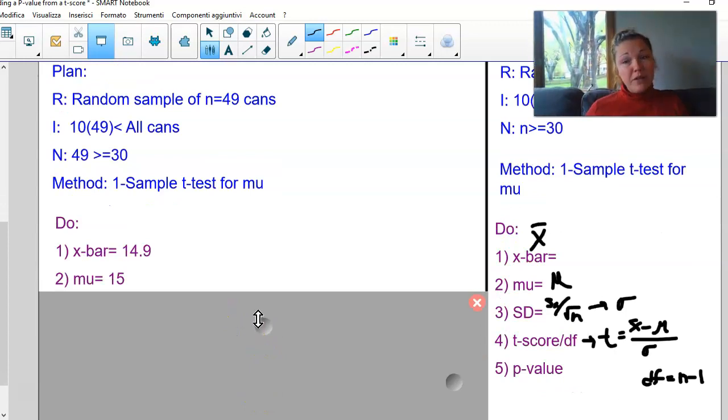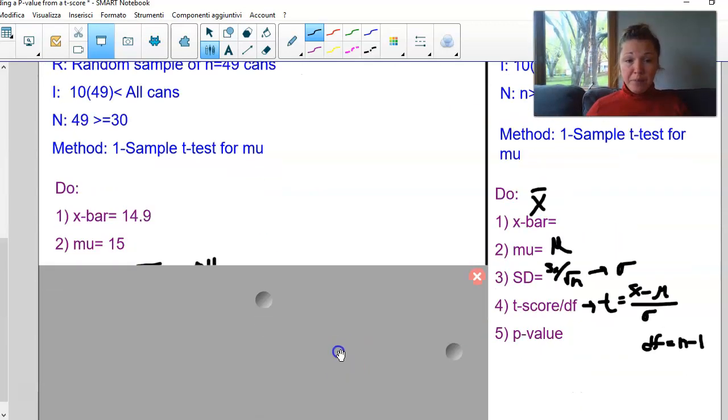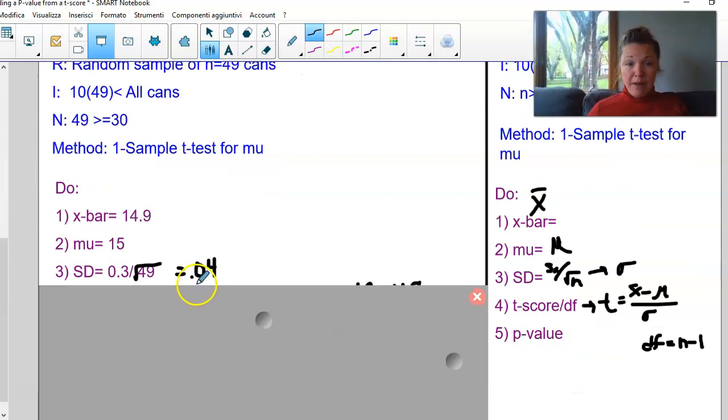Number 3, the standard deviation. So they give us the standard deviation for the sample, and that standard deviation for the sample is 0.3. And now we have to divide that by the square root of the sample size, so the square root of 49. And I did that right there, and I got 0.04.